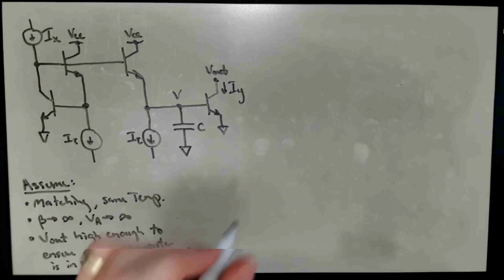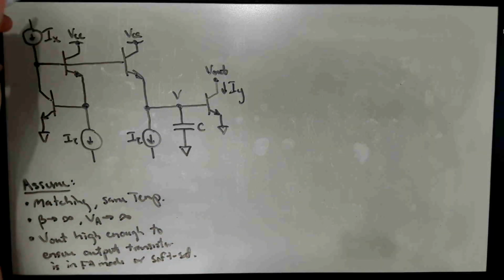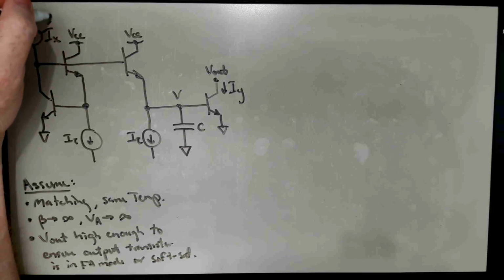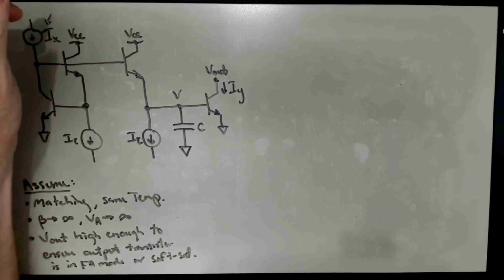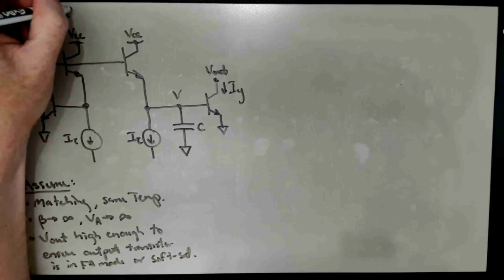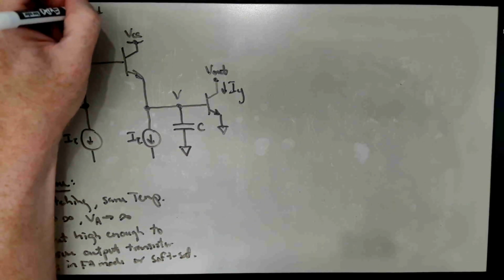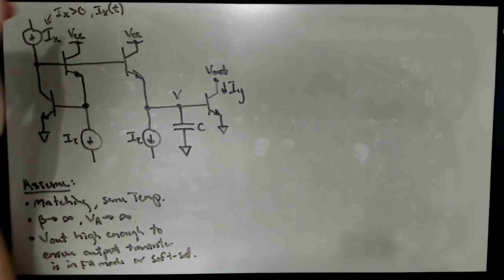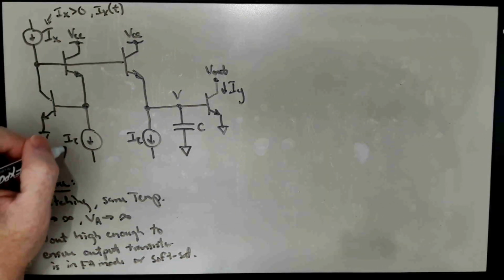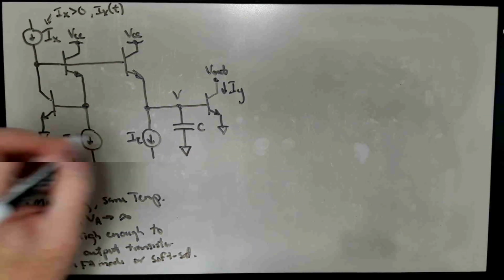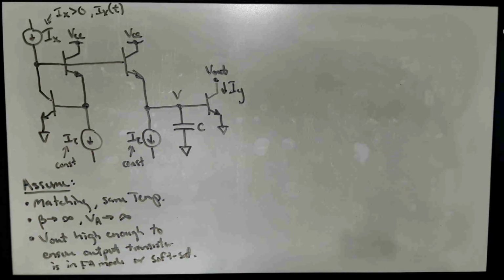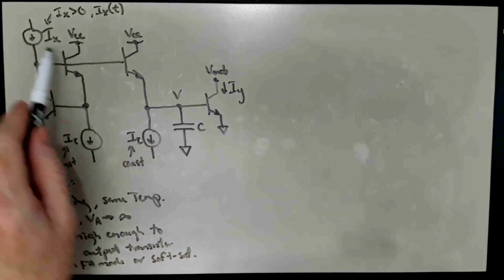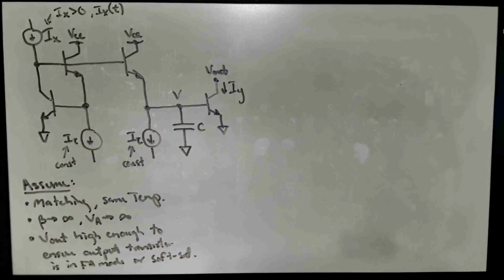Here IX is now a function of time. These are constant. Okay, and our goal is going to be to find an equation that describes the behavior of the system from input to output.